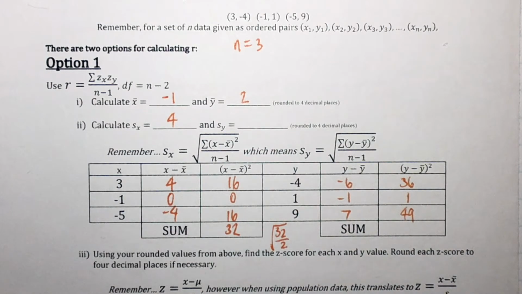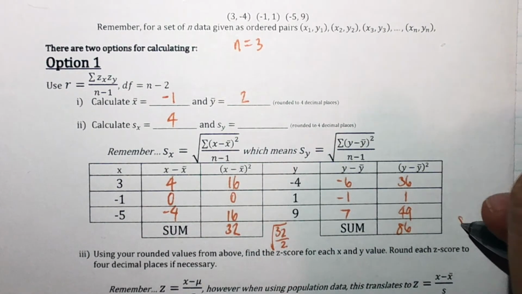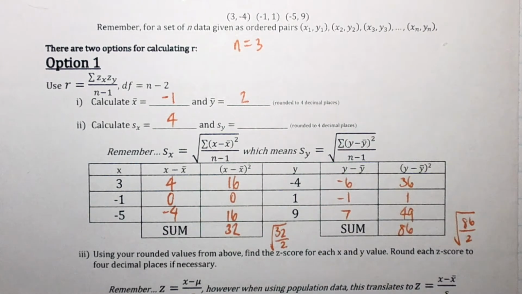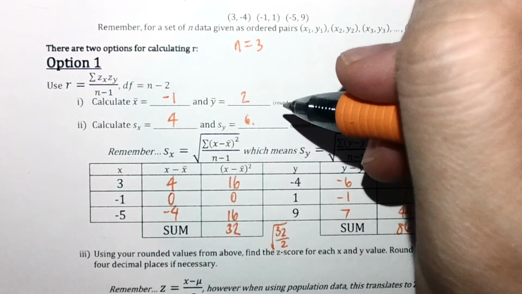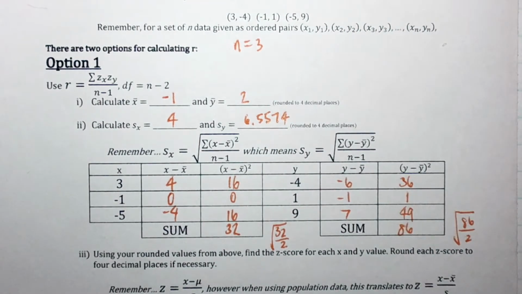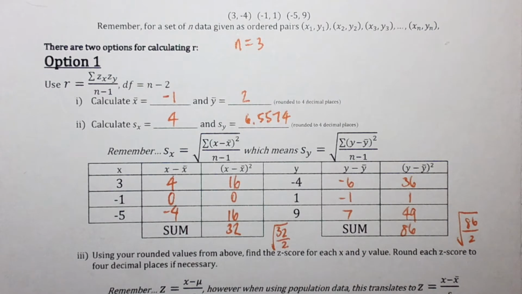I add those up, I get 86. And then if I take 86, divide by n minus 1, which is 2, and then take the square root, I get approximately 6.5574 to 4 decimal places.